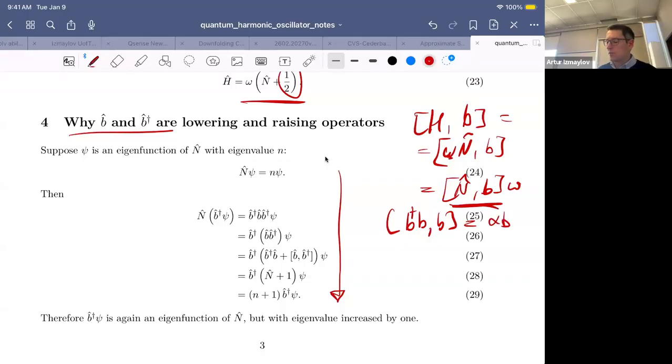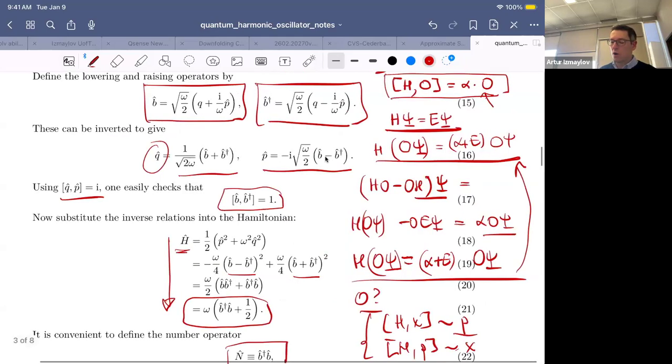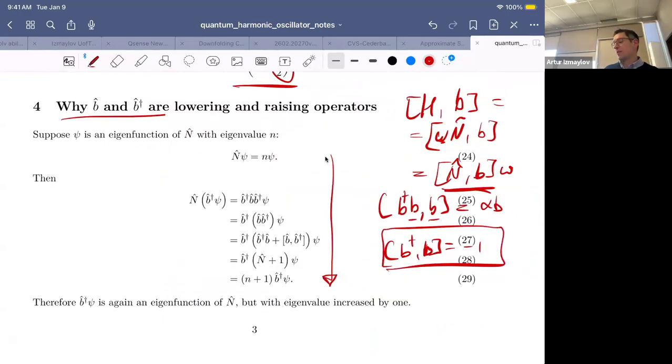Well, B commutes with itself, but then the B dagger B commutator is -1, because B dagger is 1, right? So that's -1. Then the B operator and B dagger are raising and lowering, increasing or decreasing the eigenvalues of the functions for the n operator, right?